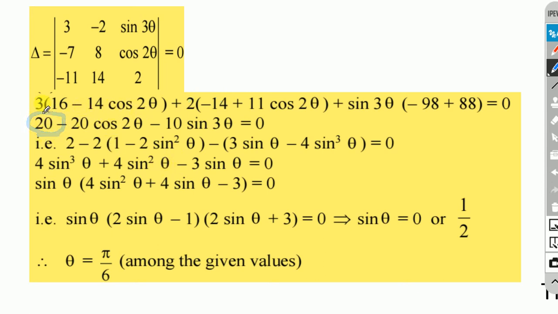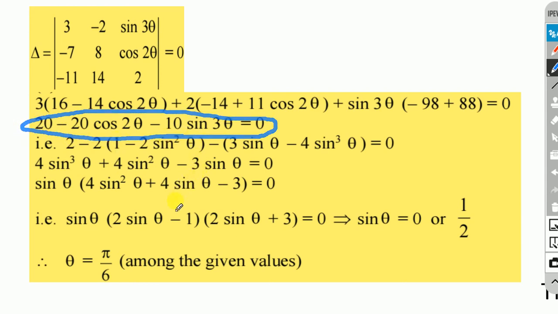Then 14 into 3 is 42 cos 2 theta, and 11 into 2 is 22 cos 2 theta. 22 minus 42 is minus 20 cos 2 theta, and 88 minus 98 is minus 10, which is minus 10 sin 3 theta, which is equal to 0. So 20 minus 20 cos 2 theta minus 10 sin 3 theta is equal to 0.